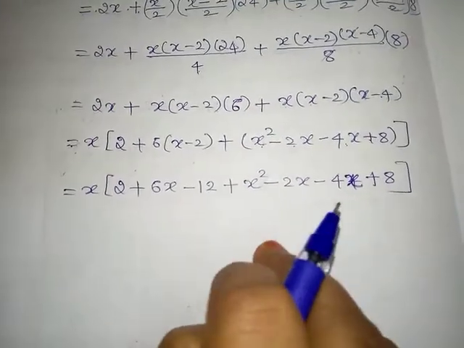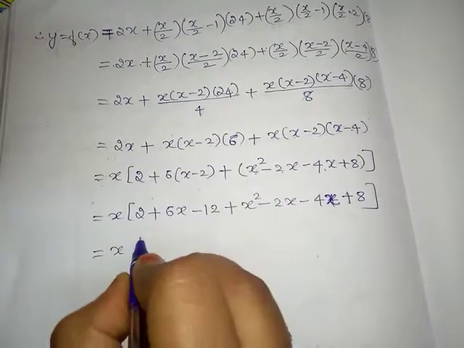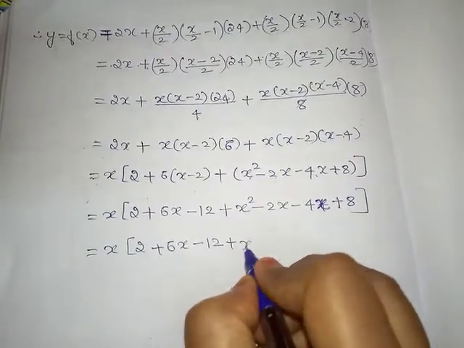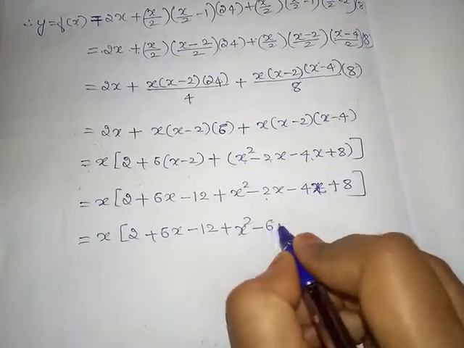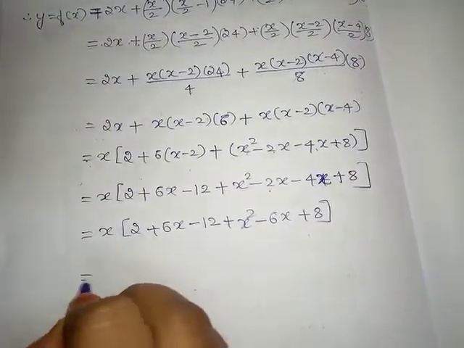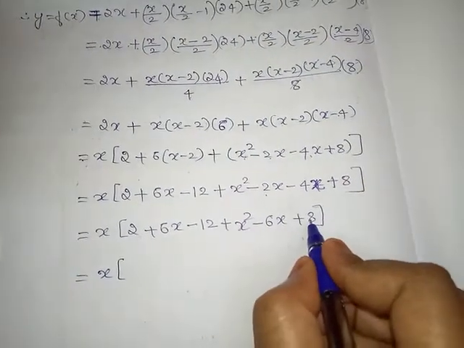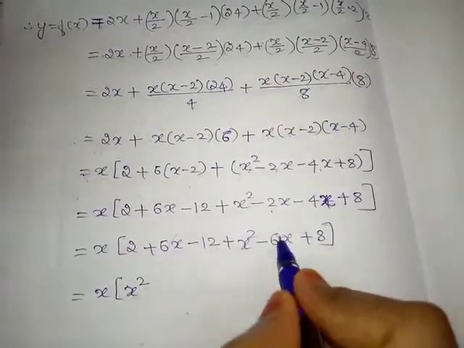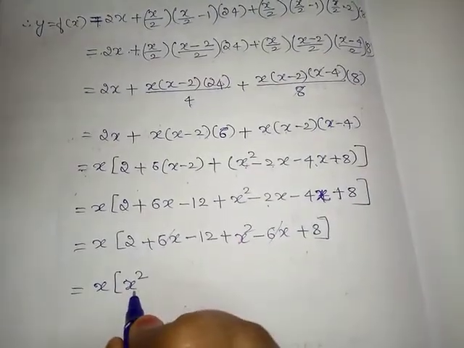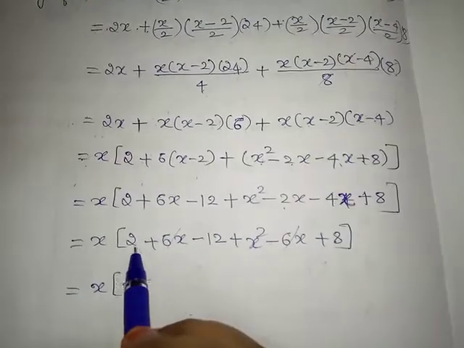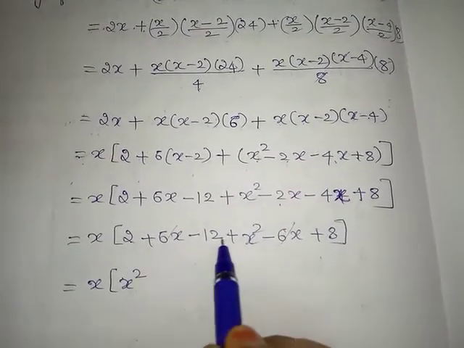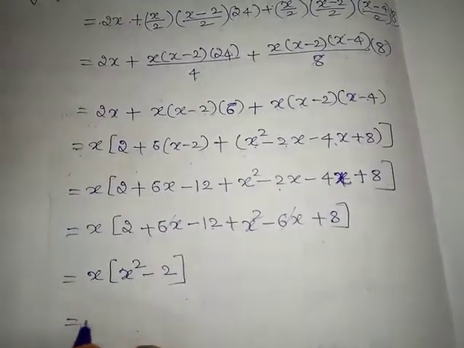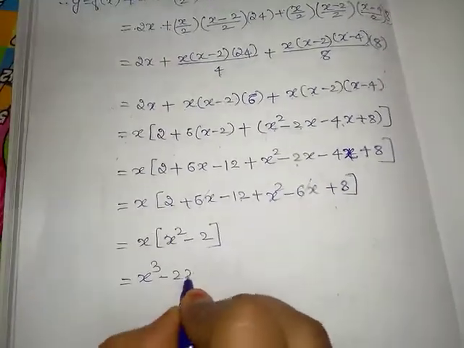Now see the terms, which is equal to x into 2 plus 6x minus 12 plus x square minus 2x minus 4x minus 6x plus 8, which is equal to x into, here I will write x square first, then this plus 6x cancels with this minus 6x, x square, then 2 plus 8 is 10, 10 plus 10 minus 12, what remains is minus 2 only, which is equal to x cube minus 2x.